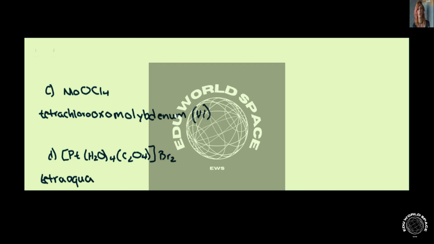and then this oxalato, which if you're more comfortable with that, you can put it in its own parentheses so you know where it starts and ends. And then your platinum.